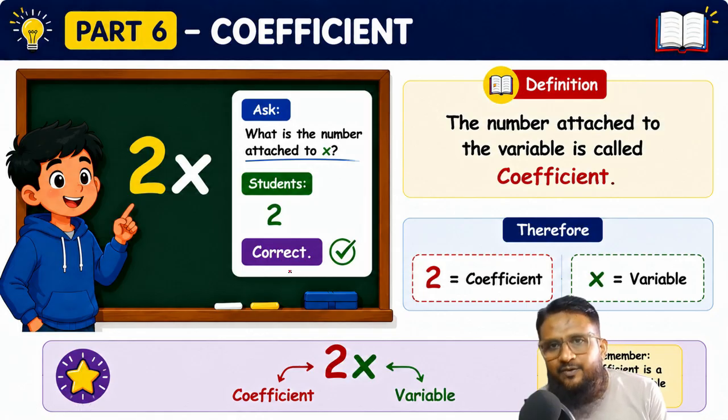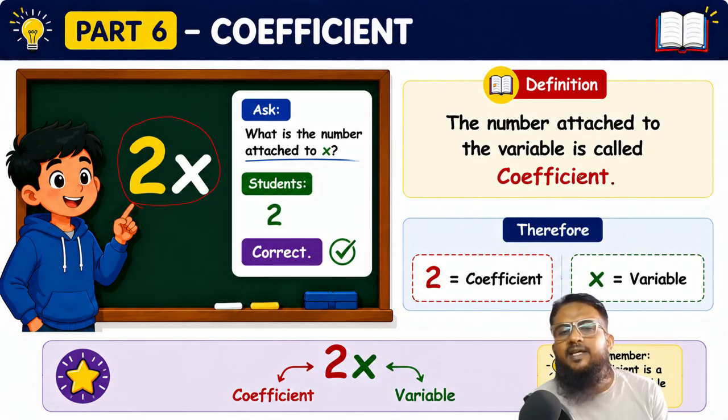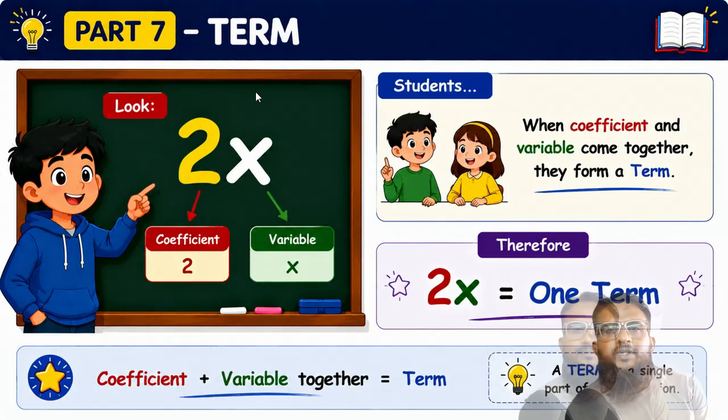Now we will understand what a coefficient is. Very simple, students. You see 2x, the whole expression is a polynomial. In this, 2 is the coefficient and x is the variable. Students, the number attached to the variable is called the coefficient. What is a term?